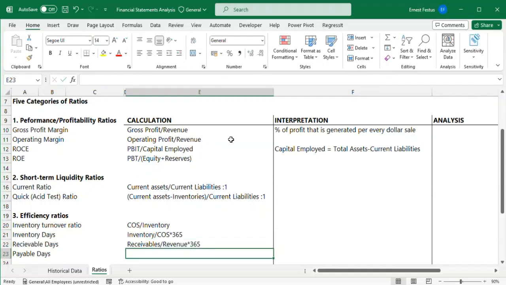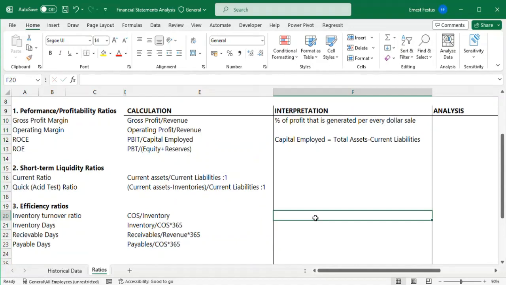And then lastly, we want to look at the payable days. That is payables divided by our cost of sales multiplied by 365 days.